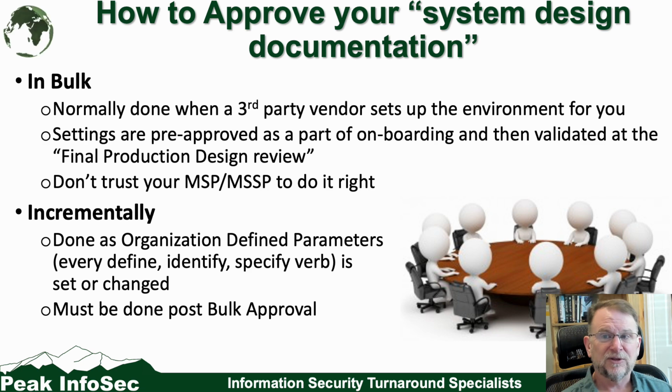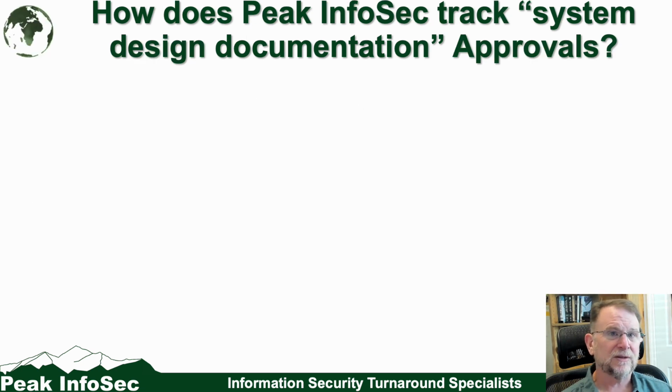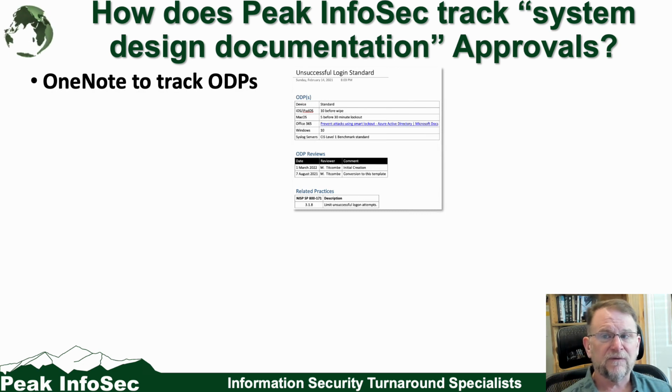Now, how do you document this? Well, we'll show you some examples from Peak InfoSec. For the organization-defined parameters, we use a OneNote file. We track all of our ODPs, as you can see here in this image, for the unsuccessful login, just following along with 318: how we track it, what we do, what the settings are, what the expectations are.